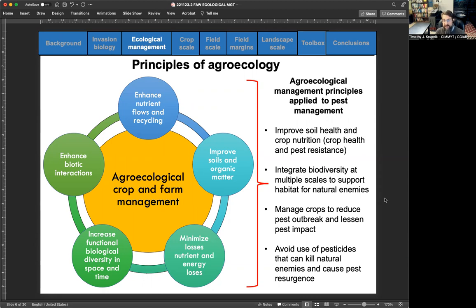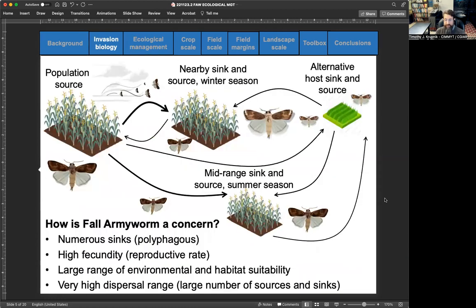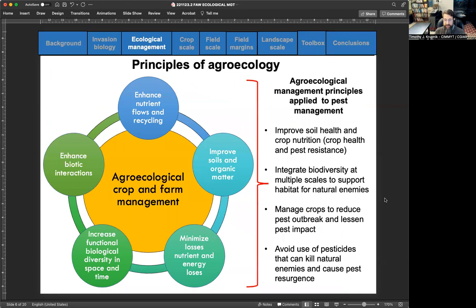But again, that doesn't necessarily mean that pesticides are always prohibited from management and systems, but they should not be a first resort.